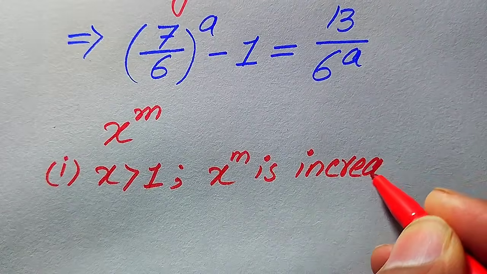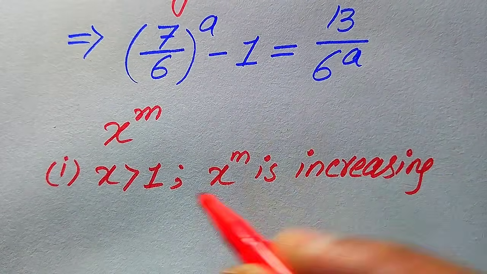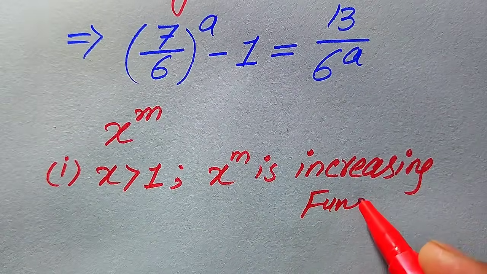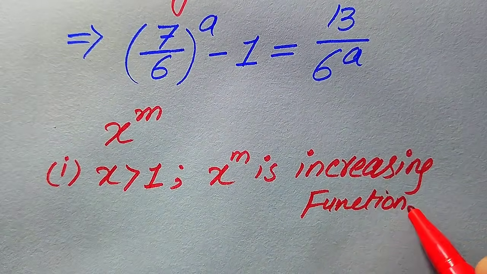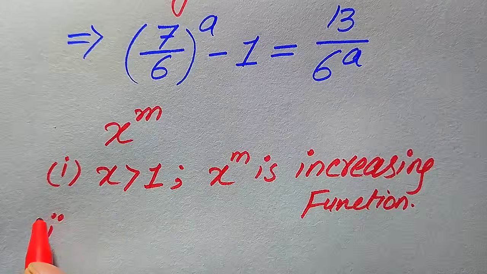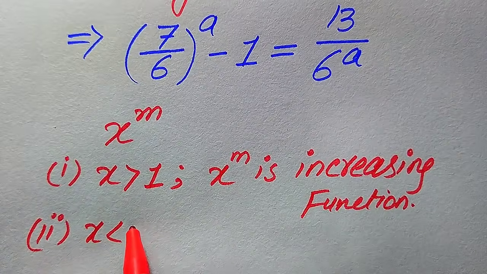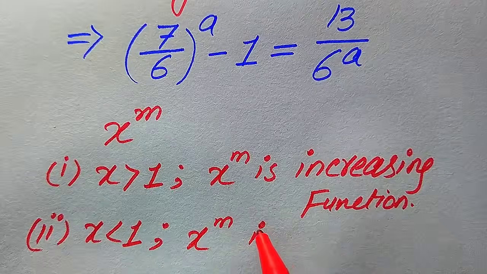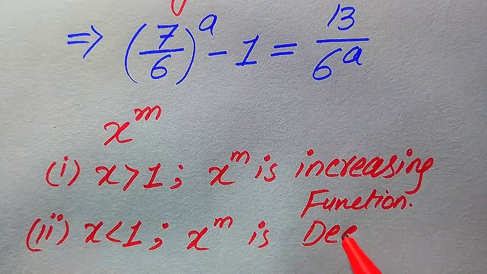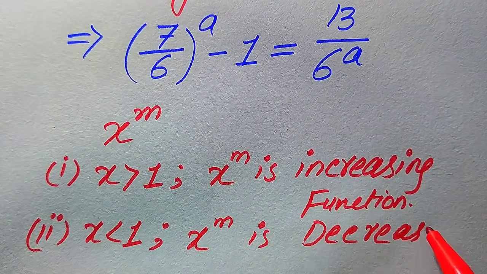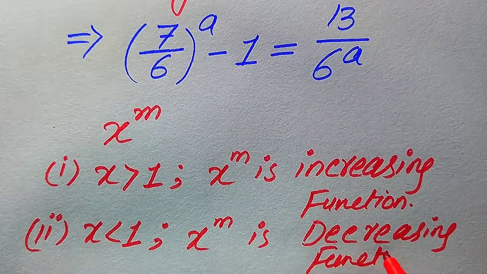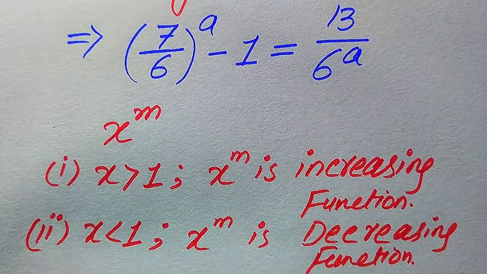So if the base is greater than 1, the whole function is increasing. But if x is less than 1, then x to the power of m is a decreasing function. This is the nice definition to check whether any function is increasing or decreasing.